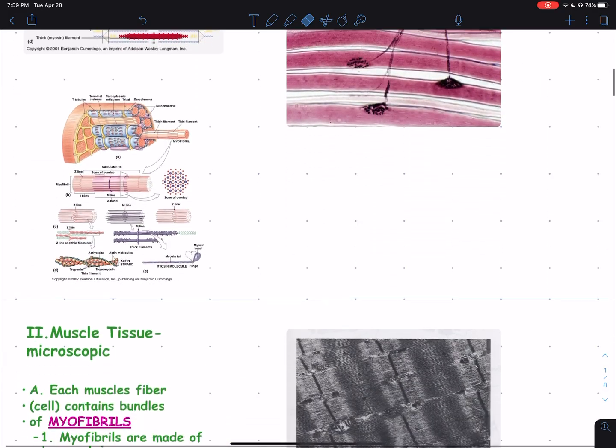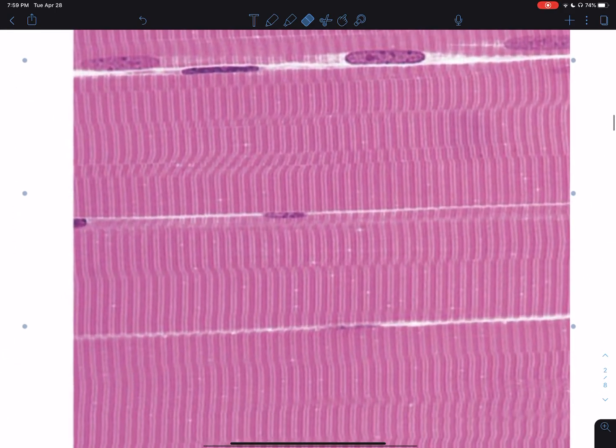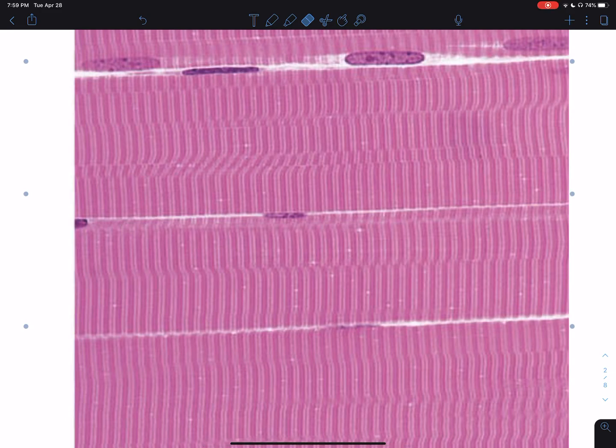Okay, so as we start looking at this picture here, I want you to notice all of these slices. So I'm going to take the blue color because I think that'll be easiest. And you can see the line here and here.